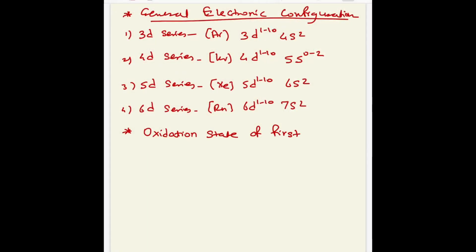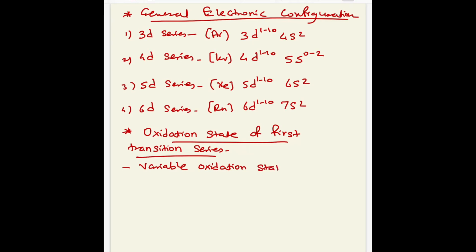Oxidation state of the first transition series, that is the 3d series. Transition series can show a variety of oxidation states, or we can say that they show variable oxidation state.